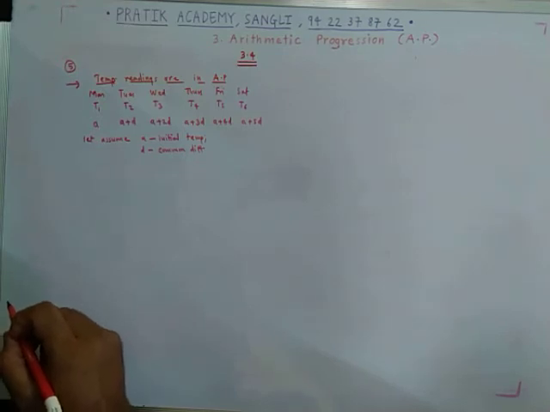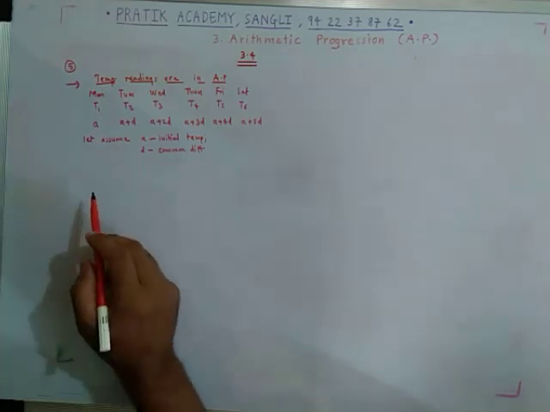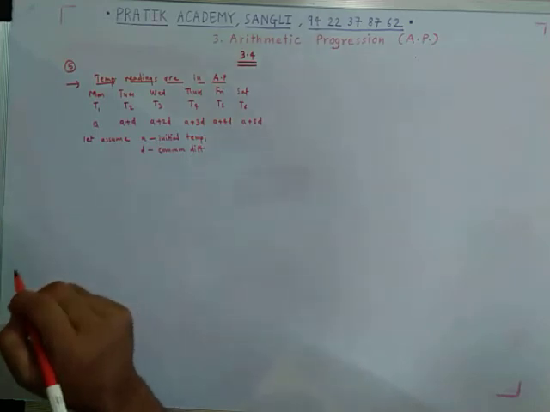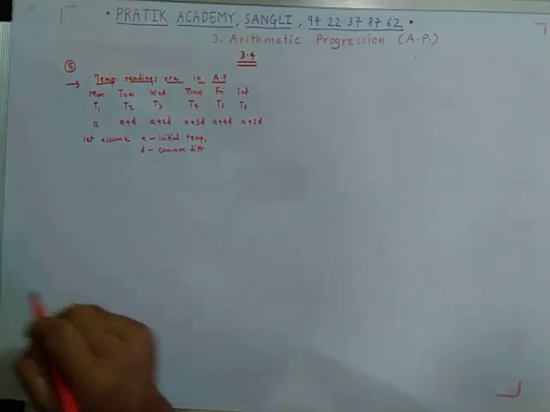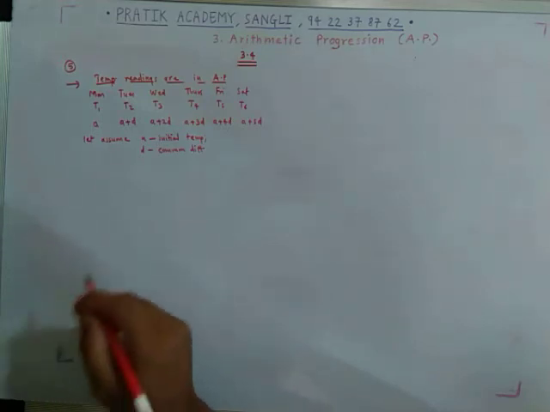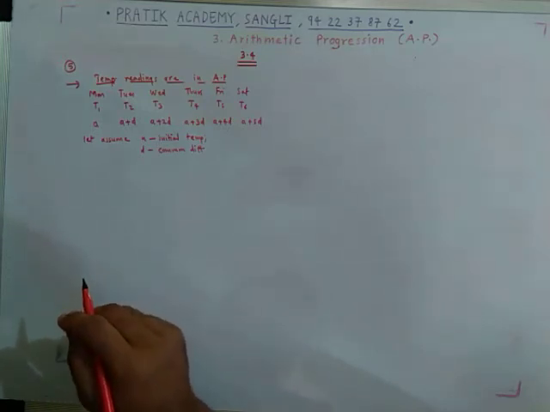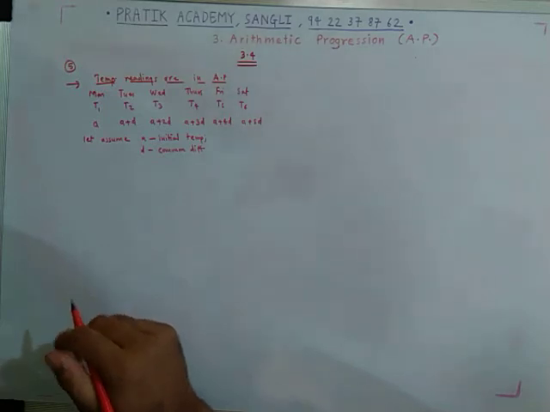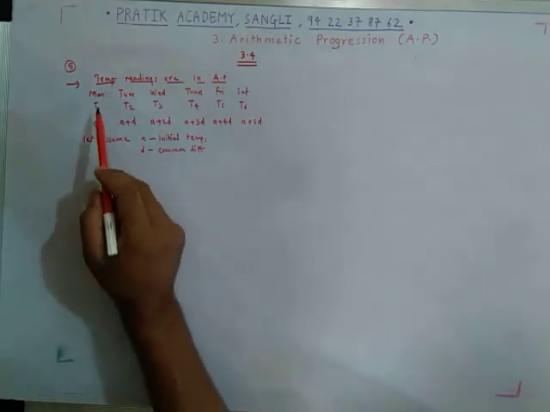What is given? The sum of temperatures on Monday and Saturday was 5 degrees Celsius more than the sum of temperatures on Tuesday and Saturday. What is the temperature on Monday?